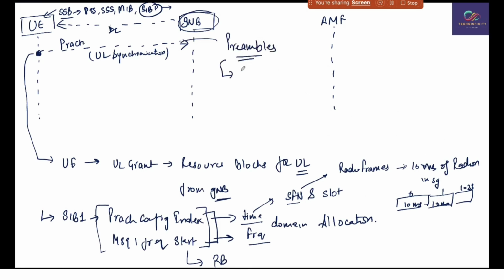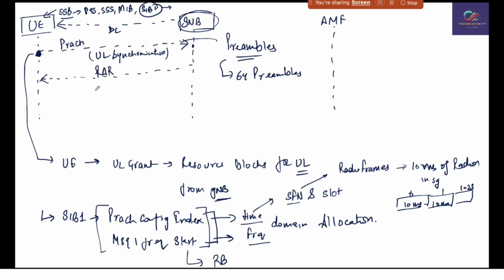We have 64 preambles, which we are sending in this message to the gNodeB to tell the gNodeB that this particular UE wants to have connectivity. Now the gNodeB has to revert back in the form of a random access response.